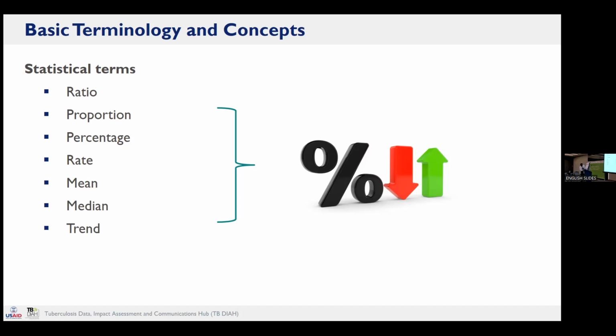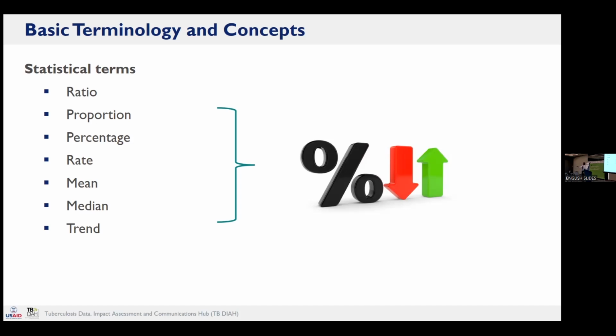I have a question here. What about the rate of something compared to 100,000 of population? Isn't it a rate? TB notification rate? Yes, for example. Correct. The same logic, because what is the difference?